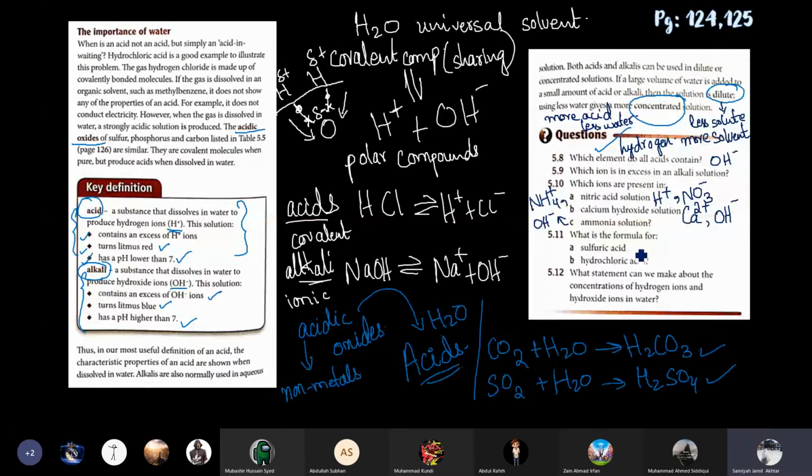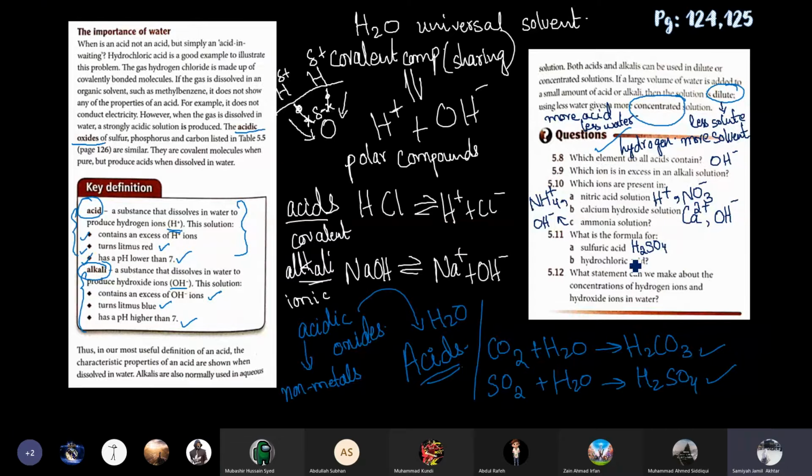What is the formula for sulfuric acid? Quickly, it's written at the bottom. You should remember it from now. H2SO4, sulfuric acid.